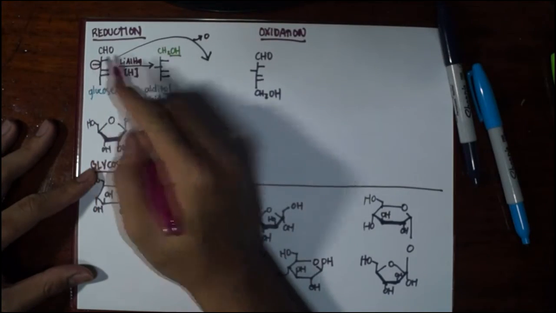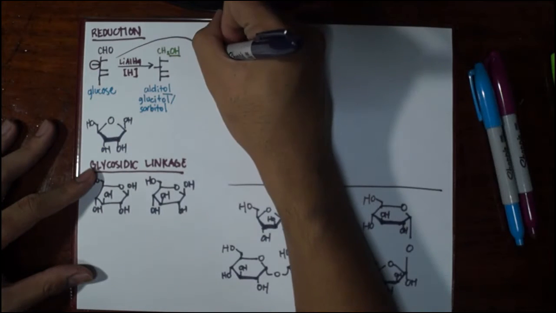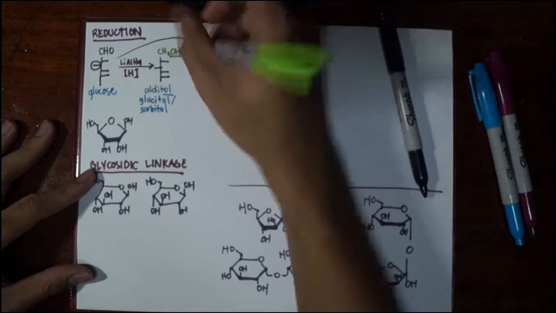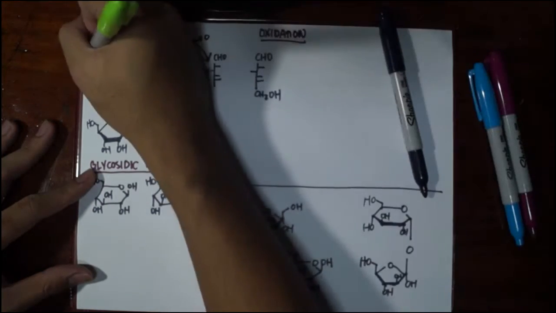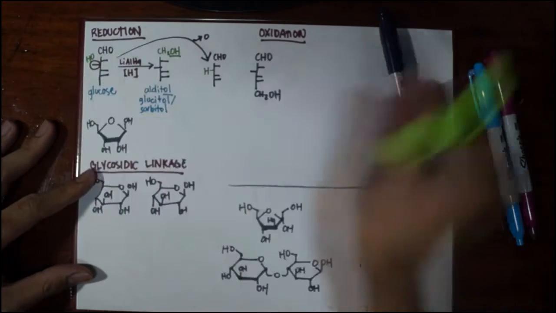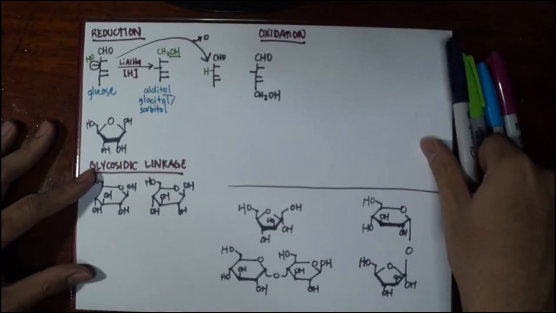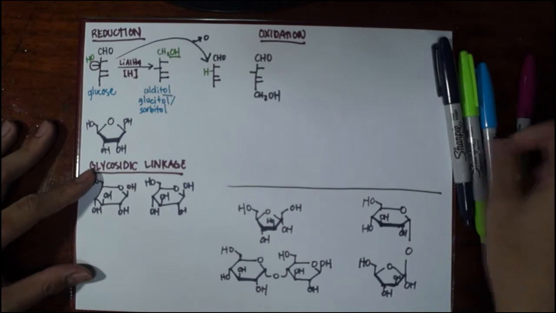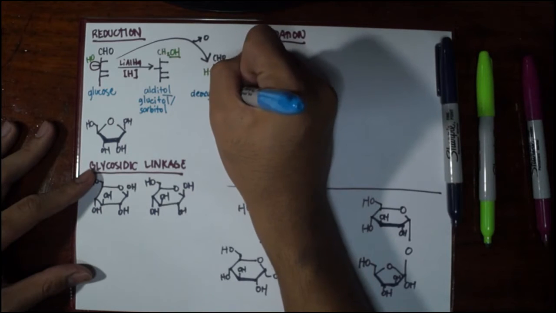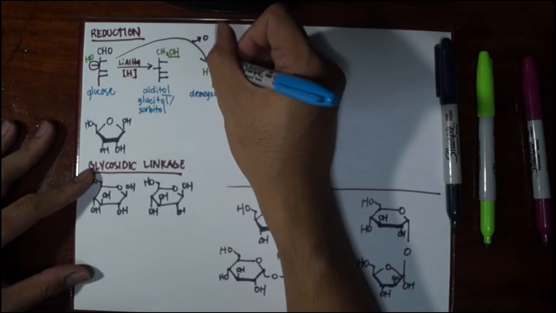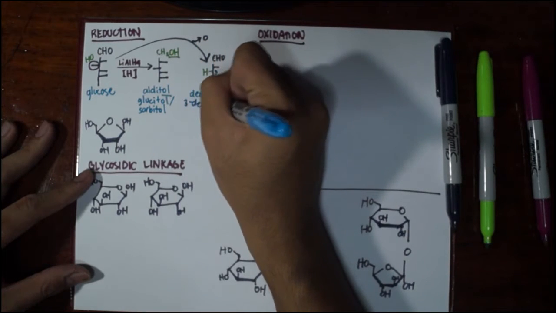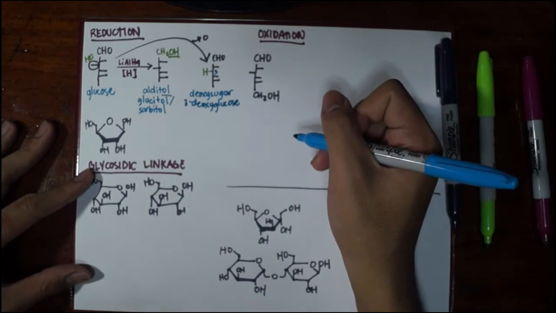We assume that this is OH, but after the reaction you retain all others, then this one becomes H. So if previously you had OH and you're left with H, basically you removed the oxygen from there. That's why you could also name this one as a deoxy sugar. In particular, if this is carbon number 1, 2, 3, carbon number 3, this is 3-deoxyglucose, to be very specific.